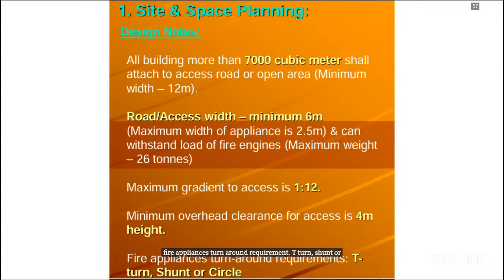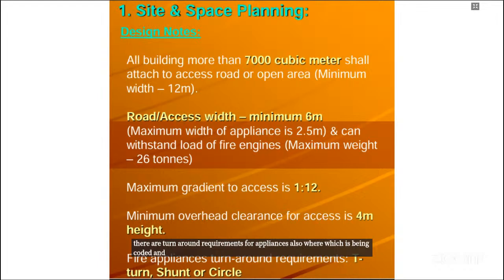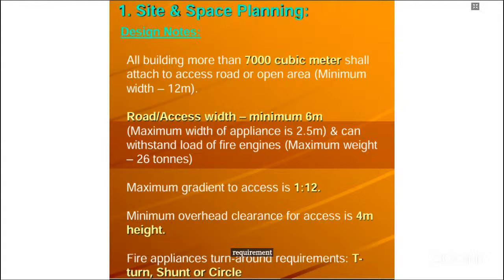So there are turn around requirements for appliances also, which are coded, and these requirements are very important to understand, since they determine which shapes or requirements achieve a good fire safety approach, right? Next.